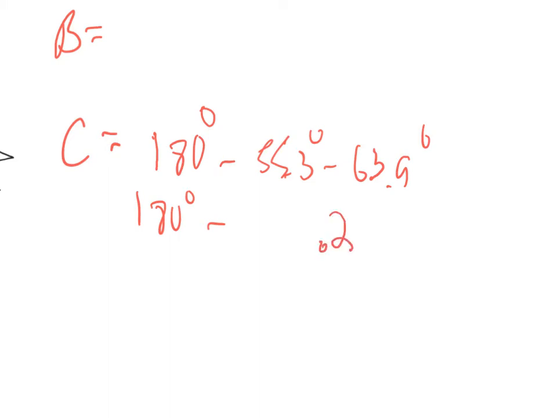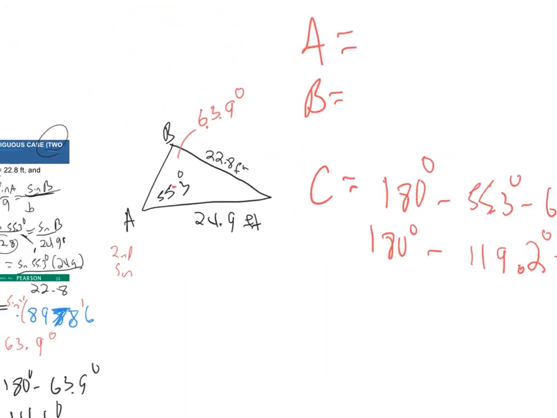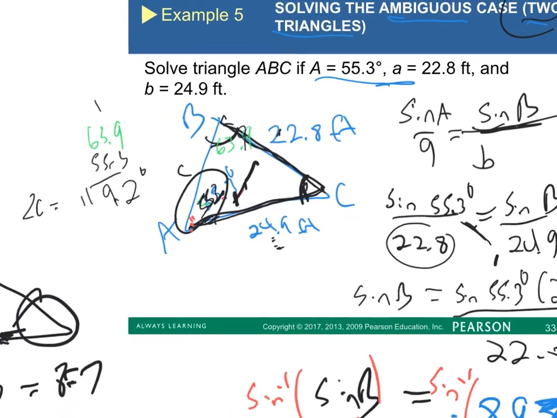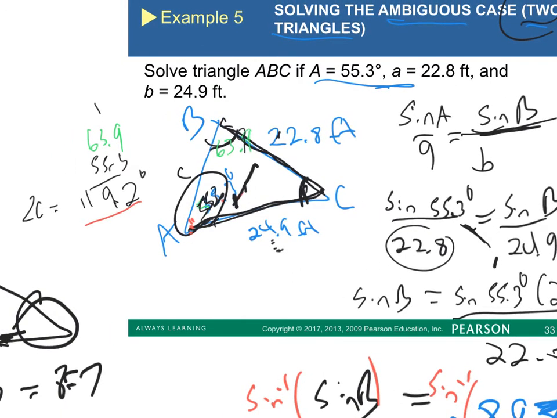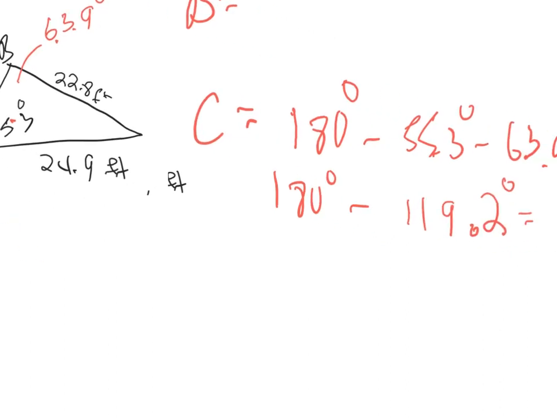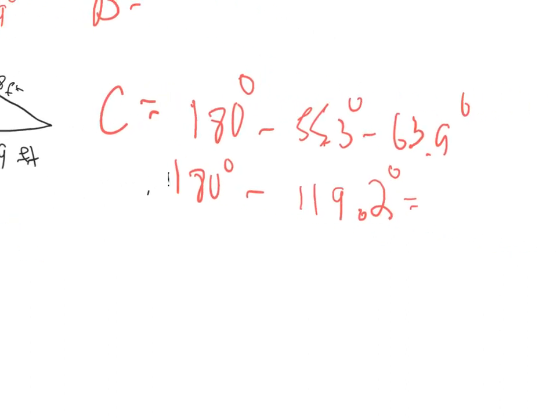Carry the 1. 5, 6, 7, 8, 9. No, I messed up again. 5, 6, 8. No, it's fine. And then 11. 119.2 degrees, giving me a total of, I already did this math. I think I did it over here. But I have to finish it up, figure out what angle C is. So that's 180.0. So I know I'm going to have a 0.8.